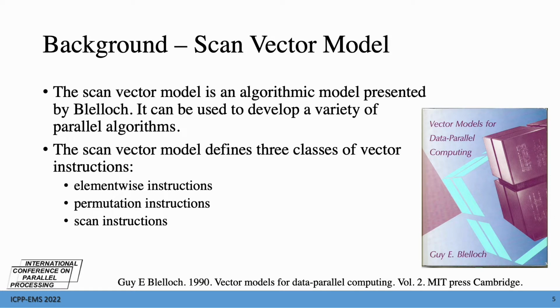In the scan vector model, there are three classes of vector instructions: the element-wise instructions, permutation instructions, and scan instructions. Parallel algorithms can be developed with these vector instructions and then be deployed to the target machine efficiently.